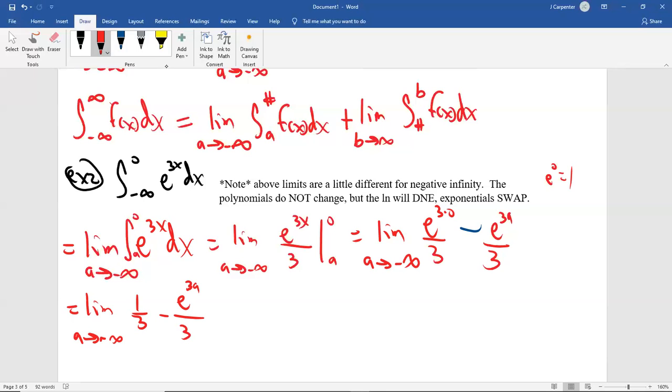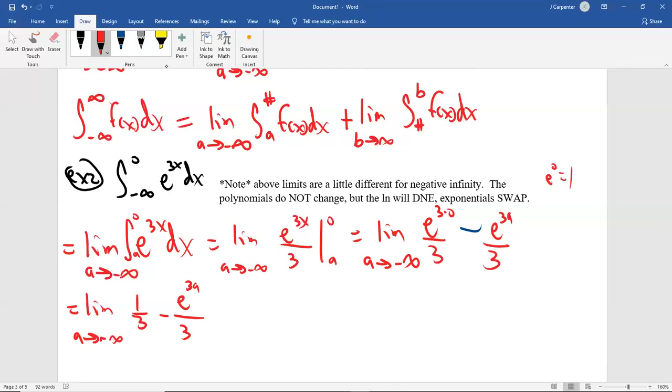Now we have to think about what happens as this goes to negative infinity. And again, exponential terms, if this was going to positive infinity, this thing would diverge. If this was going to positive infinity, this is going to be like e to the 10 billion, which is so large of a number I can't even think about it. But we're plugging in negative numbers, so this is like e to the negative 10,000, e to the negative 20,000, e to the negative 30,000.